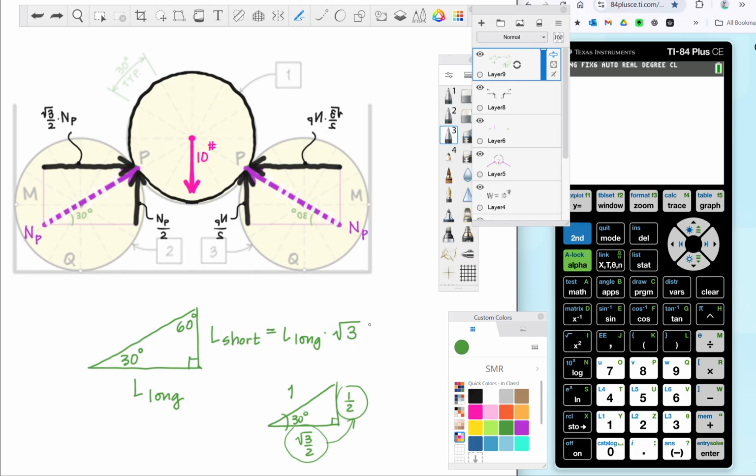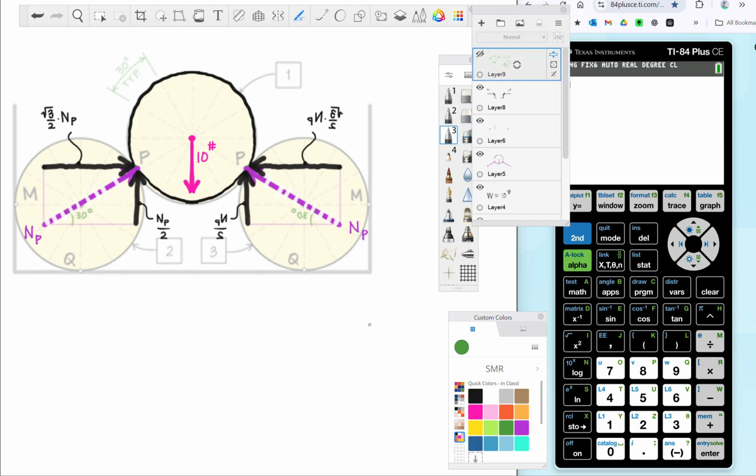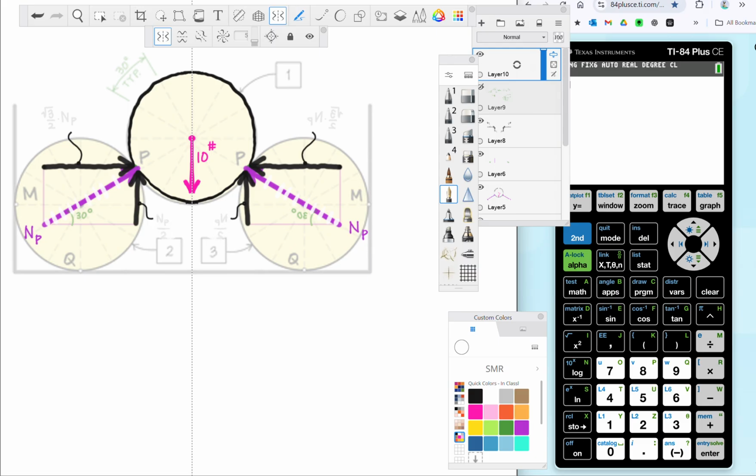So here's what I'm going to do. I'm going to use that symmetry to my advantage and turn my symmetry line back on. Just cover these up a little bit. And here's what I want to do with it.